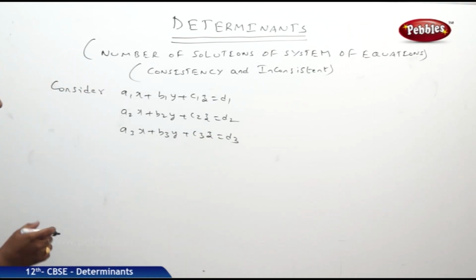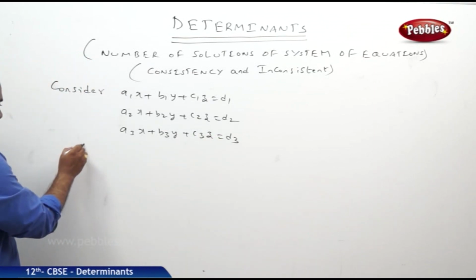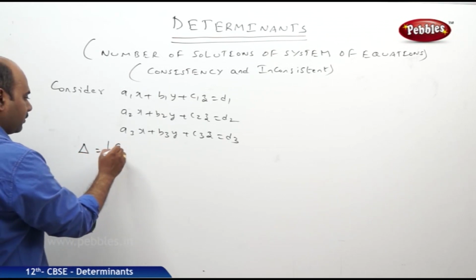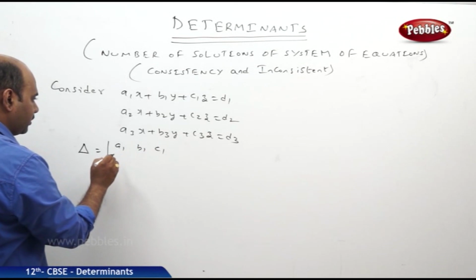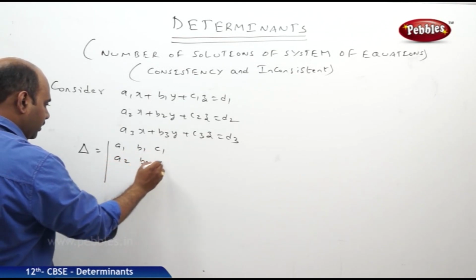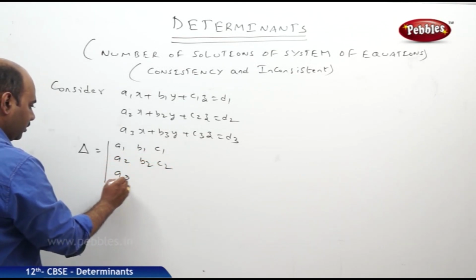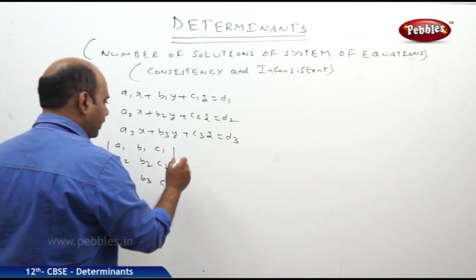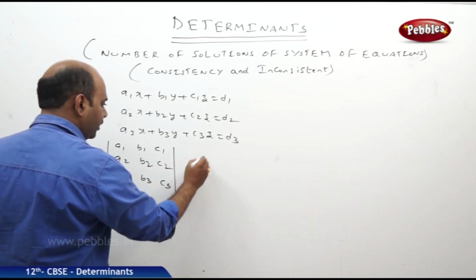These are the system of equations. Now I will find delta. Delta means the determinant of a1 b1 c1, a2 b2 c2, a3 b3 c3. This is delta.